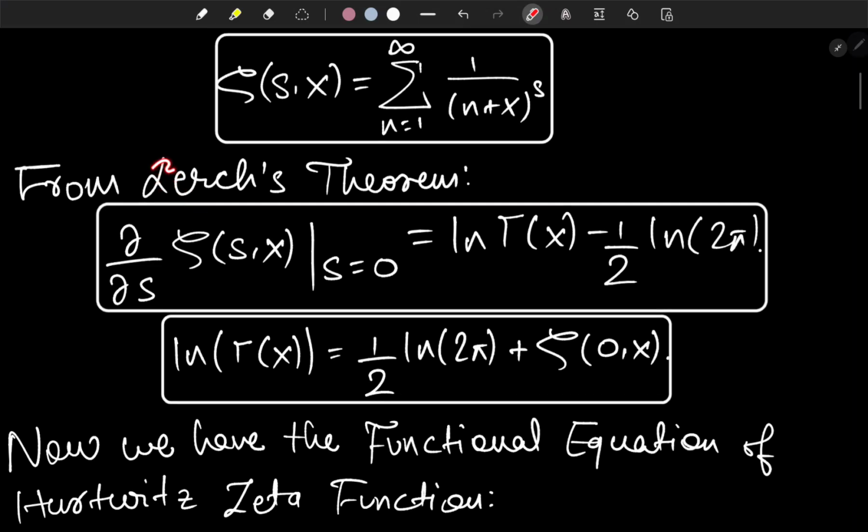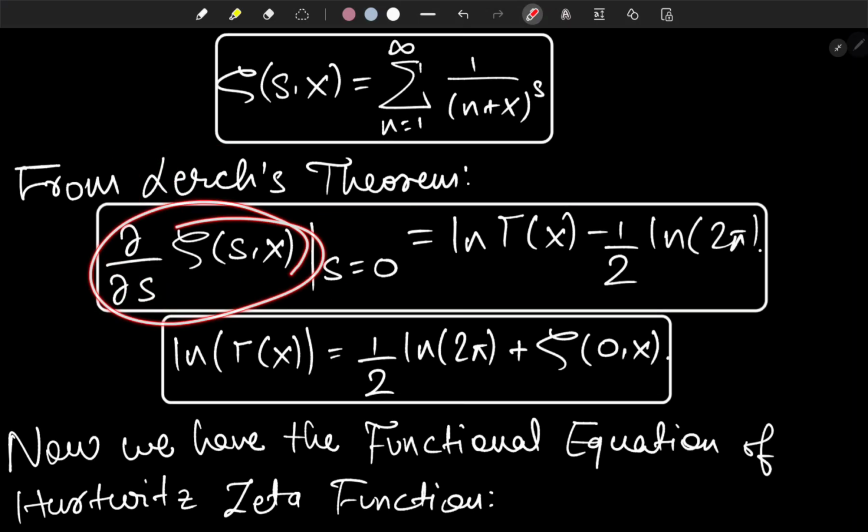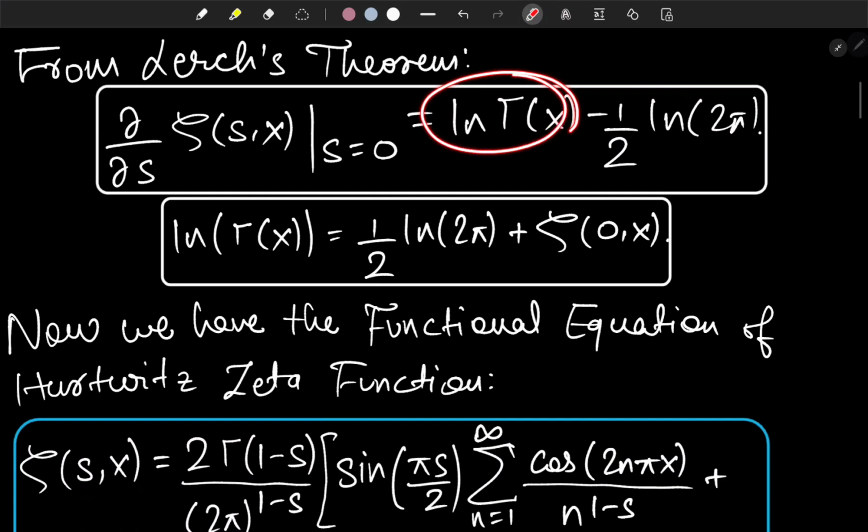And as I just explained, Lerch's theorem: the derivative of the Hurwitz zeta function evaluated at s equals 0 gives the natural logarithm of the gamma function minus 1 over 2 times the natural logarithm of 2 pi, right? If we isolate the natural logarithm of the gamma function, we're going to have the natural logarithm of the gamma function equals 1 over 2 times the natural logarithm of 2 pi plus the derivative of the Hurwitz zeta function at s equals 0 here.